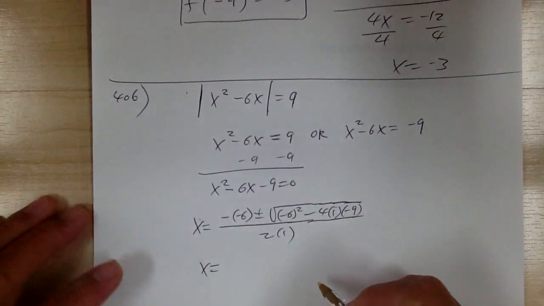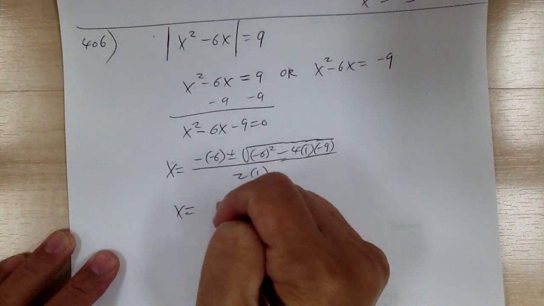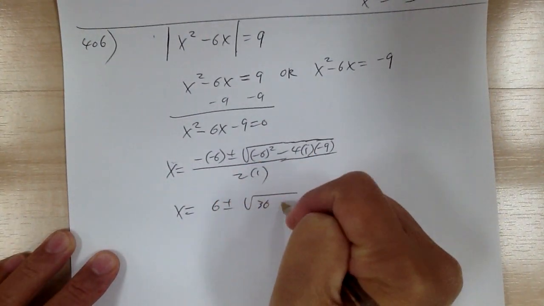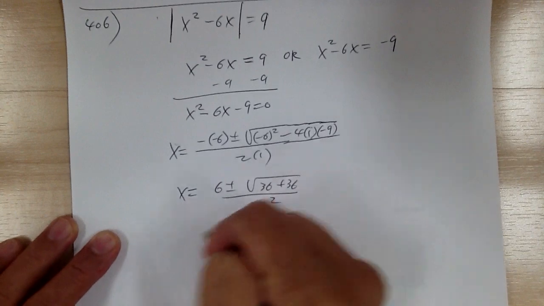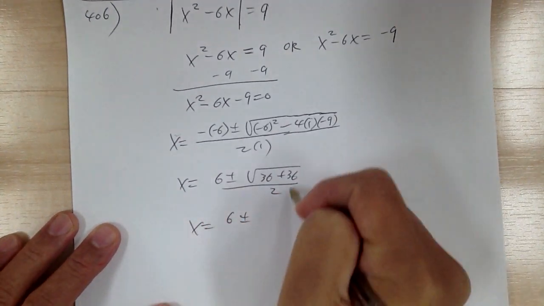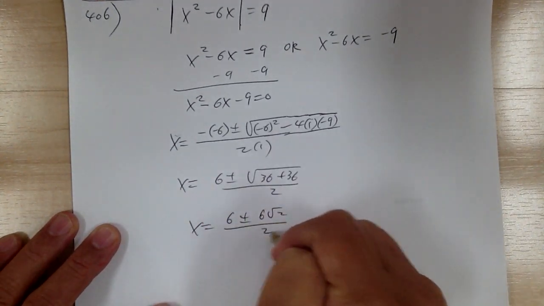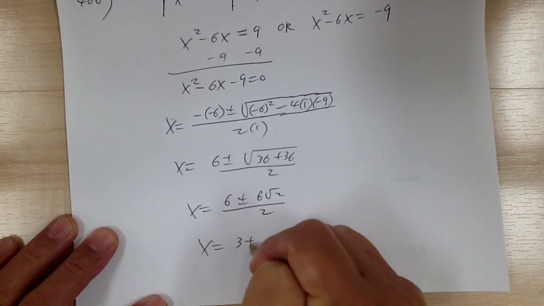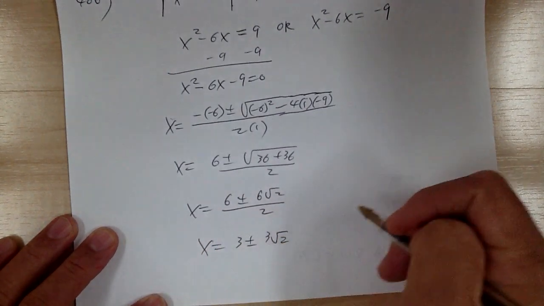So x will equal 6 plus or minus the square root of 36 plus 36, over 2. So x equals 6 plus or minus 6 square root of 2 over 2. So x equals 3 plus or minus 3 square root of 2.